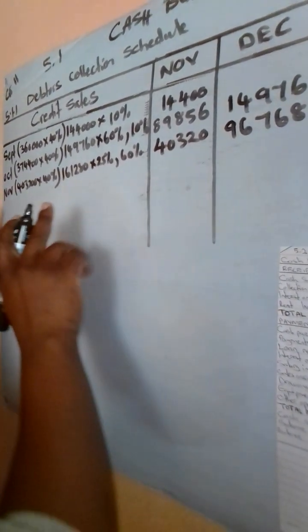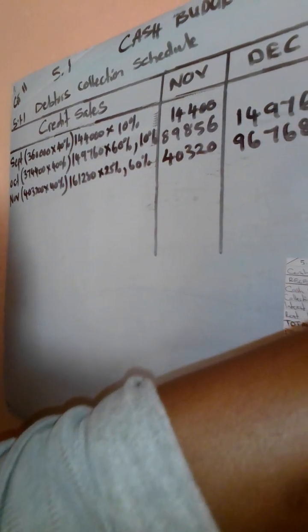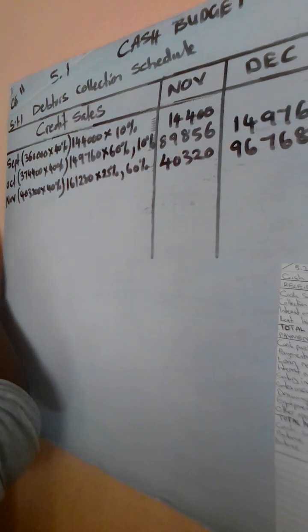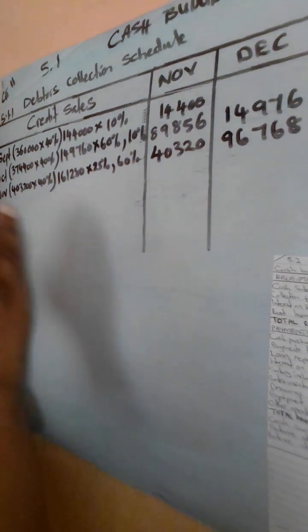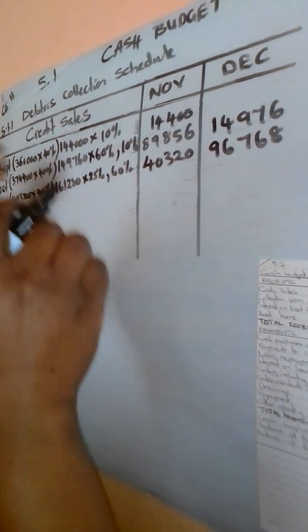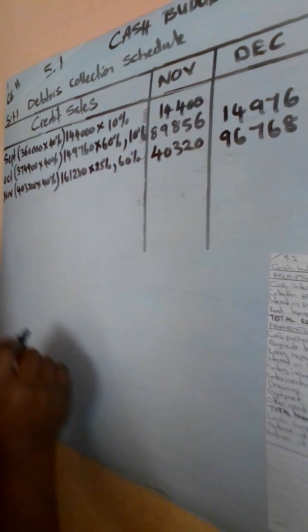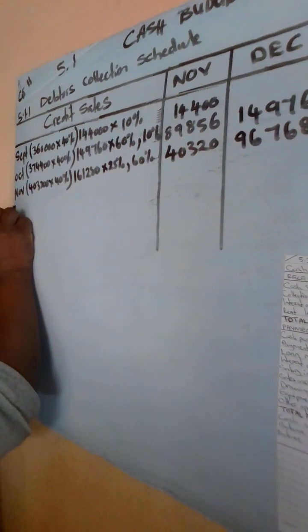So we are done. 2 months from November, we are in January. Remember, what is beyond our budget period, we do not consider it. What is before the budget period, we also do not consider it. We are specifically looking at money that we are expecting to receive in our budget period, which is from November up to December.